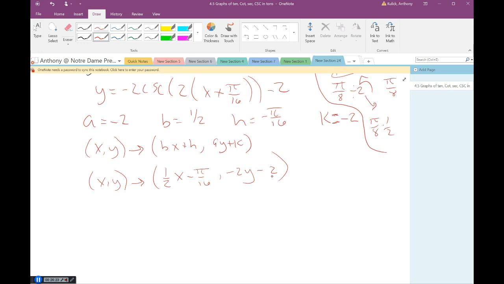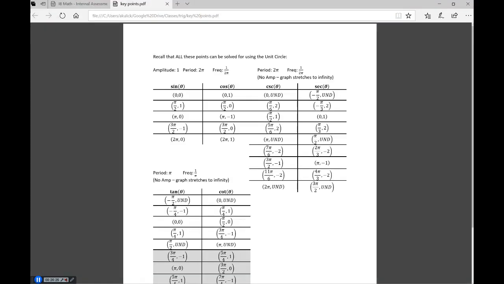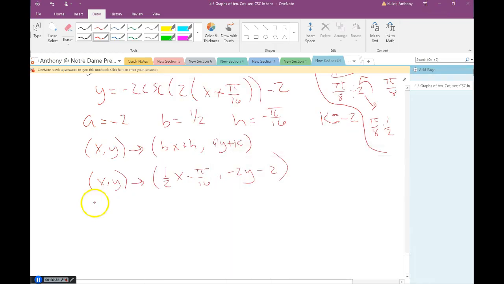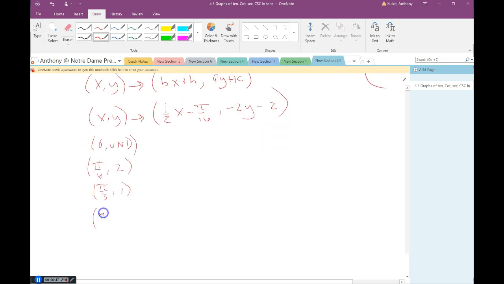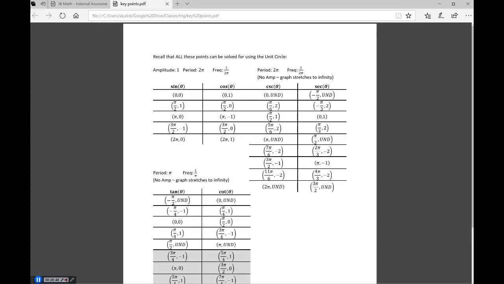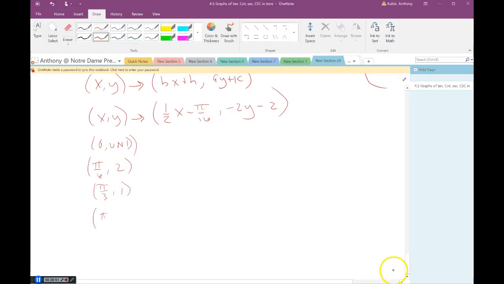Okay, now on to the key point sheet. And we're doing a cosecant one, right? All right. Is that really π/6? Or no, it's 1/2. Okay.